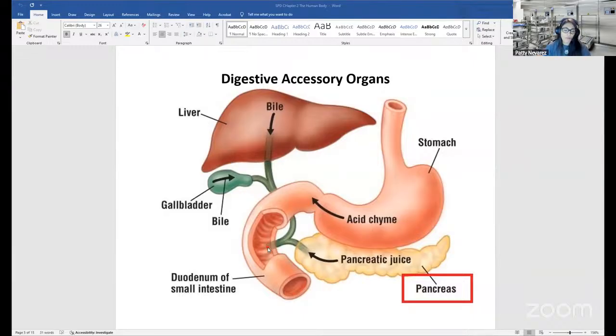So the liver is the largest internal organ, and it has a lot of functions. But it says here what matters to the GI tract, or the gastrointestinal or the digestive system.